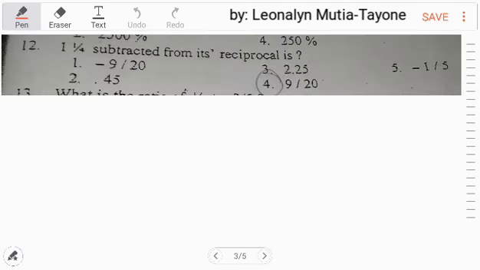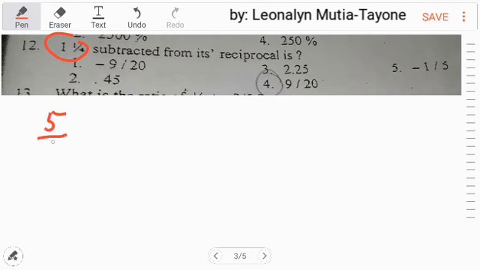Now let's do question number 12. 1 1/4 subtracted from its reciprocal is what? First, itong 1 1/4 natin, i-convert muna natin into improper fraction. Ito, mixed number ito. So, 4 times 1, and that is 4, plus 1 is 5.